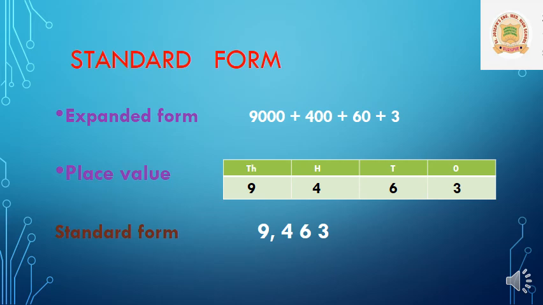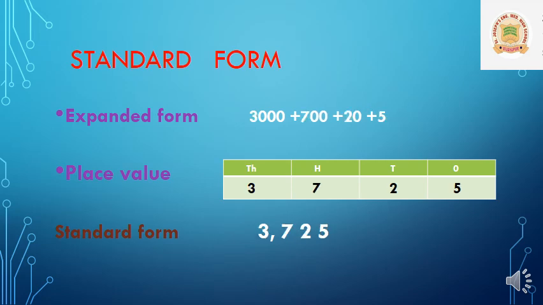So for standard form, you take those digits directly as they are on the place value chart: 9, 4, 6 from the tens place, 3 from the ones place, so it becomes 9463. Here comes the standard form.